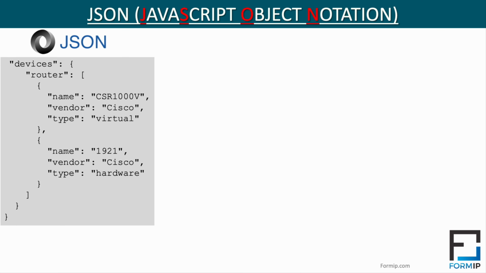JSON, JavaScript Object Notation. Now let's move on to JSON, which is newer than XML and also has a fairly simple syntax. JSON stores information in key-value pairs and uses objects for its format. It is easier to read than XML and uses fewer resources.